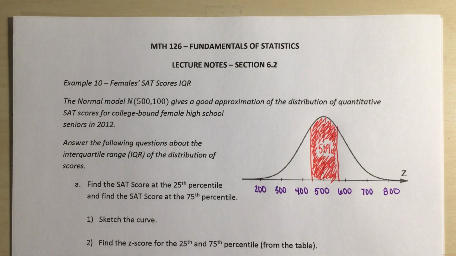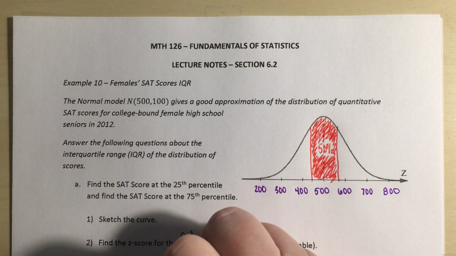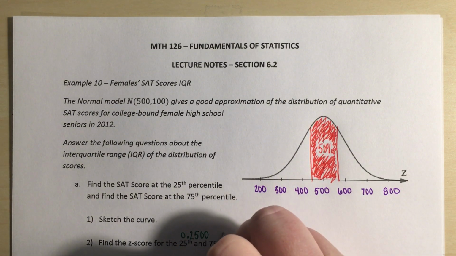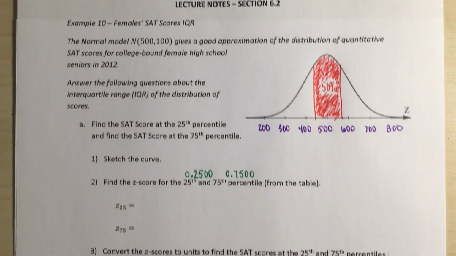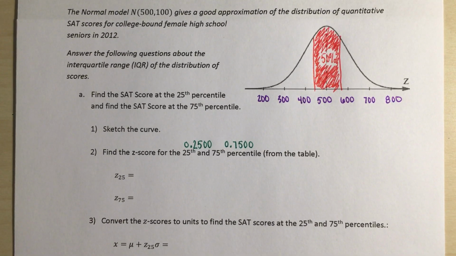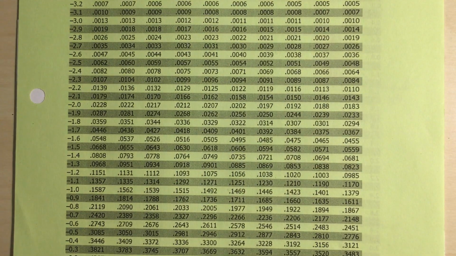Now we're going to find our z-scores for our 25th percentile and 75th percentile from our table. For our 25th percentile, we want something close to 0.2500, and our 75th percentile is going to be something close to 0.7500. So we have two different z-scores that we're looking for. 0.2500 is going to be on our negative side because we're less than half. If we start looking in here, 0.2500, we've got 0.2514, 0.2483.